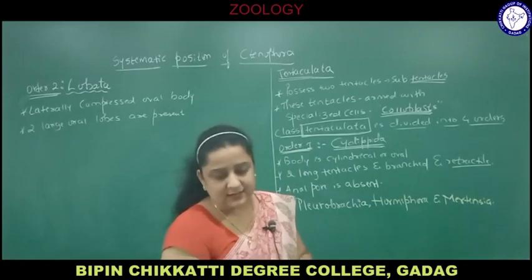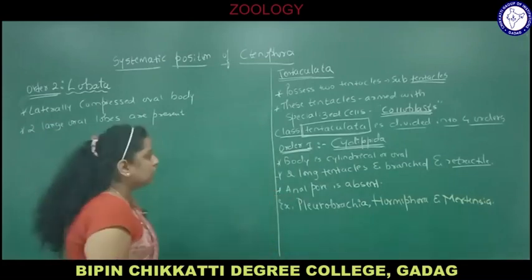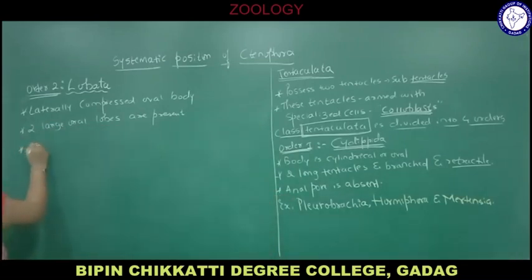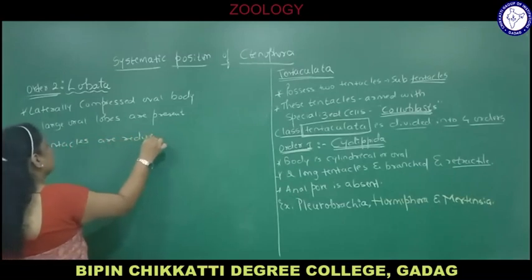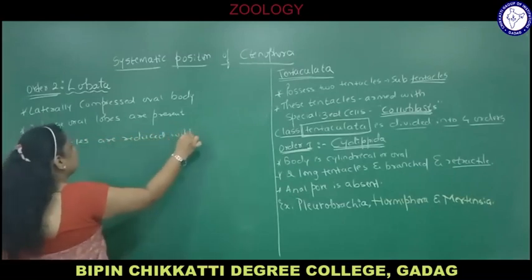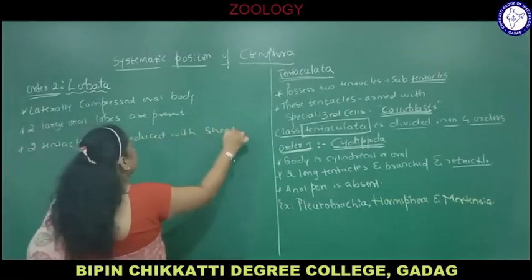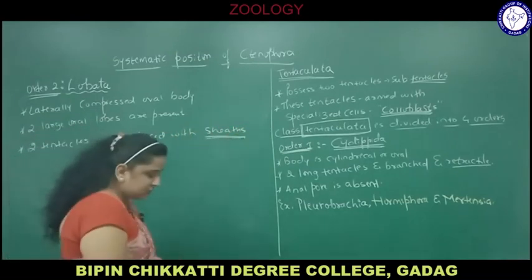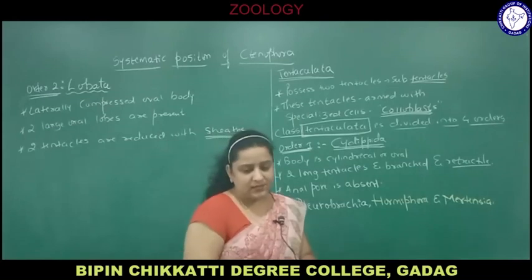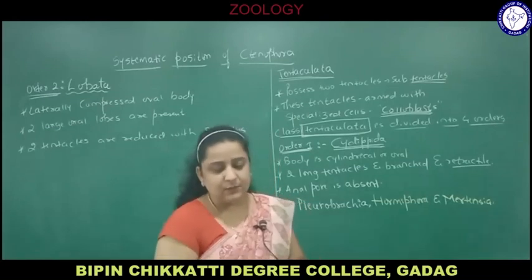2 main tentacles reduced with sheath. Sheath means outer covering. They are covered with sheath or they are reduced with the sheaths, you can say, in the order Lobata. Example, Nemiopsis.